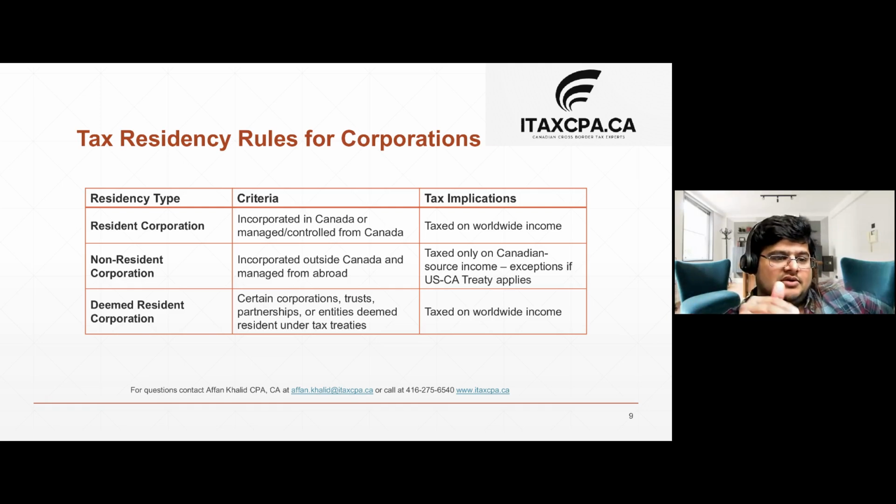What is a resident corporation? A resident corporation is a corporation that is either incorporated in Canada or has mind and management in Canada.